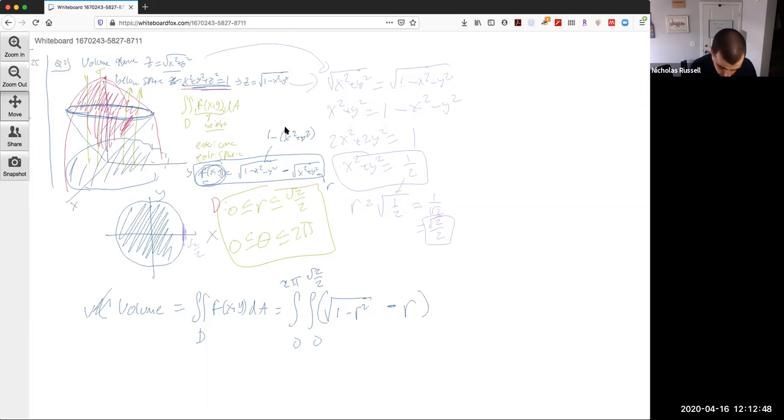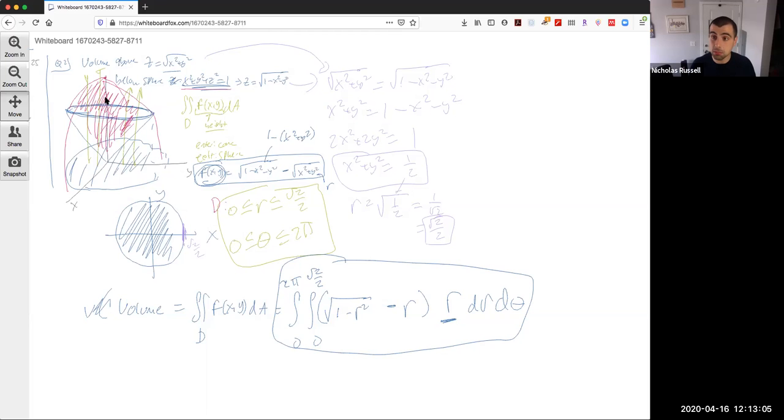Right? Then I have to do dr d theta. And more importantly here, I always have to add this r in. And this integral right here gives me the volume of this ice cream cone here.